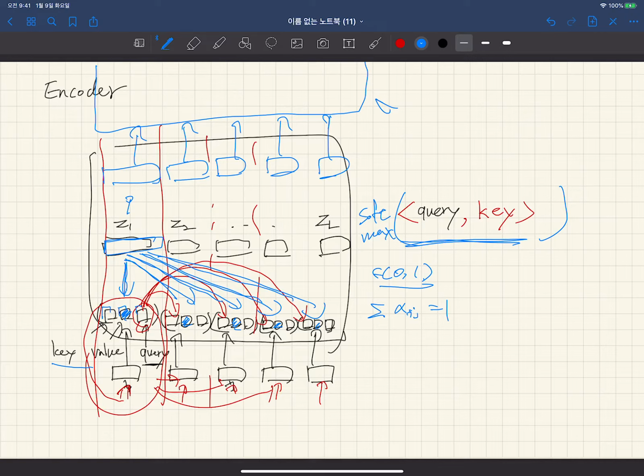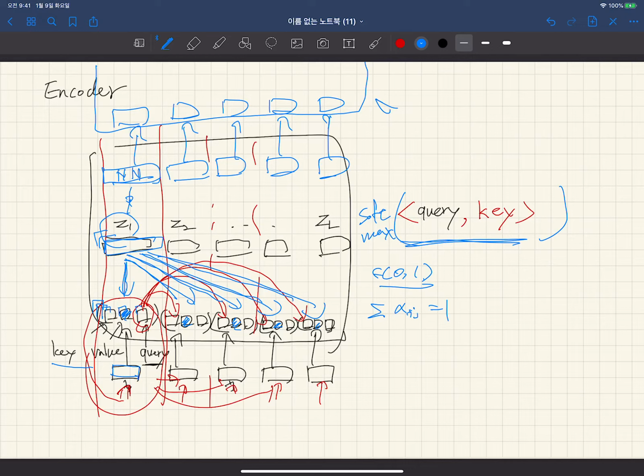Essentially, each input contains several different key value query triples, and from this multi-head key value query, they generate many different points of view. And using this neural network, they combine these ideas and make more nice information.